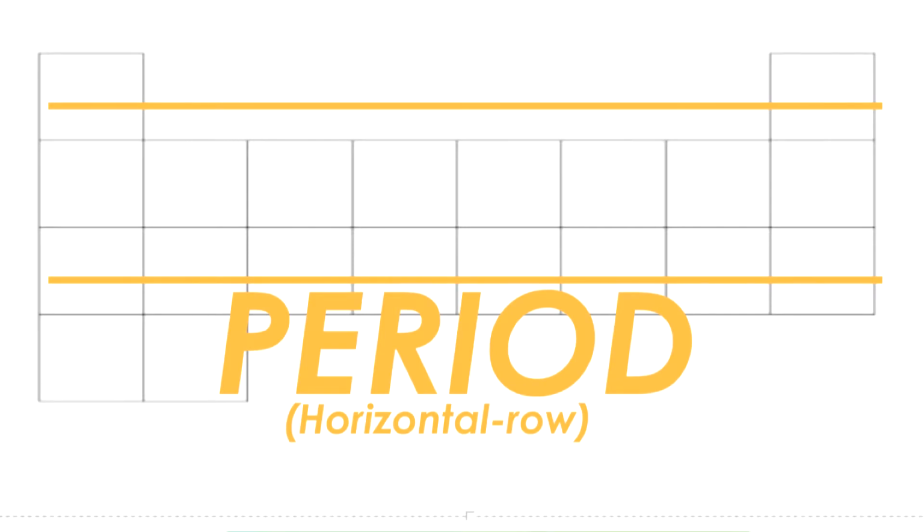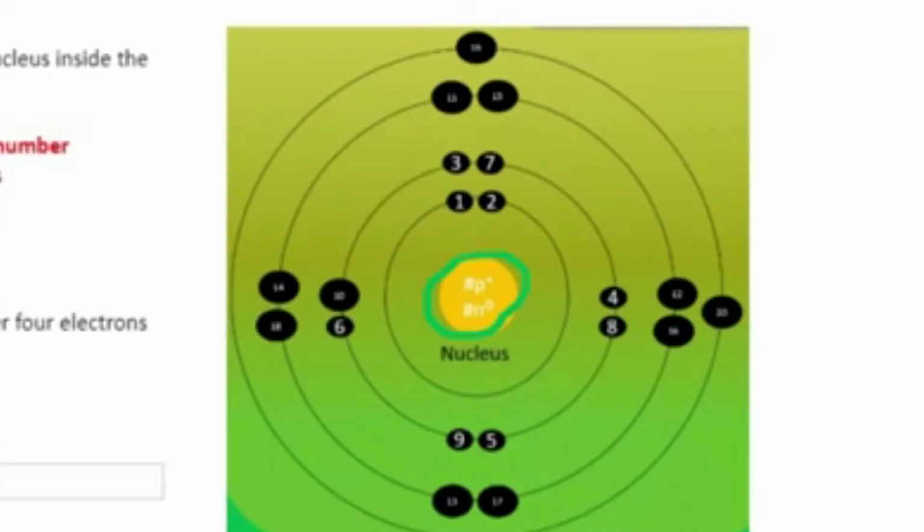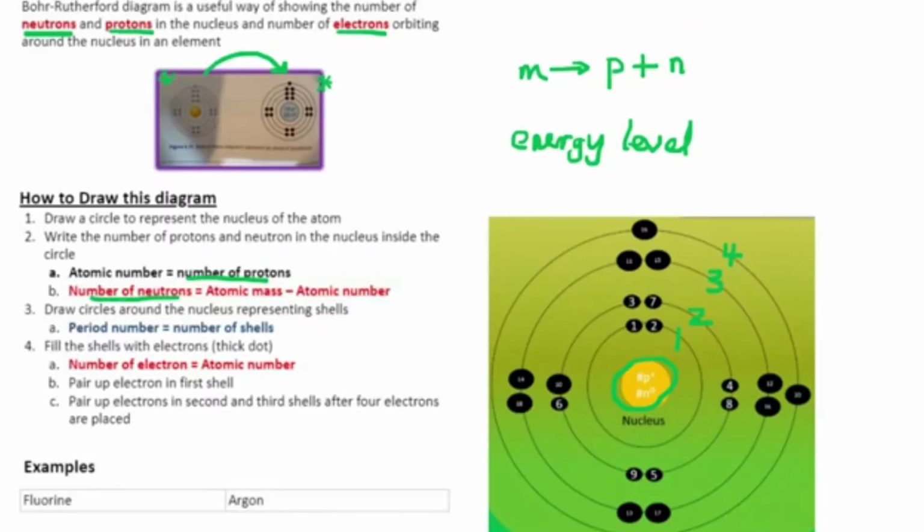In this diagram, we have the first shell, which is period 1, the second shell period 2, the third shell period 3, and the fourth shell period 4. In period 1 the maximum number of electrons allowed is 2, in the second shell the maximum is 8, the third shell the maximum is 8, and the fourth shell the maximum is 8.